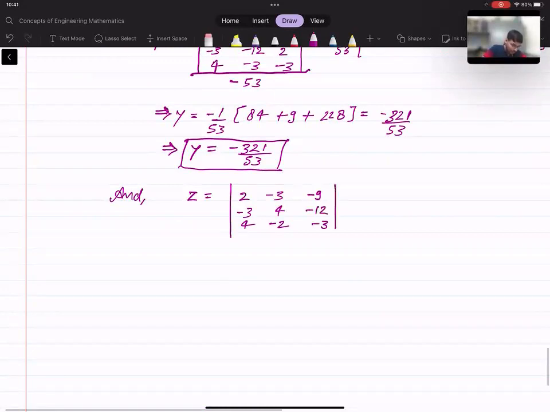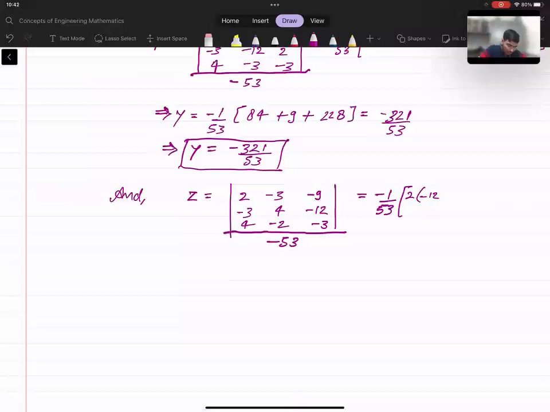Okay. And in the denominator, we will put the determinant of m. That was minus 53. So upon solving, let us expand this determinant. So this is 2 times, this is 4 3s are 12, and minus minus plus, so this is again minus, because ultimately we have to subtract.